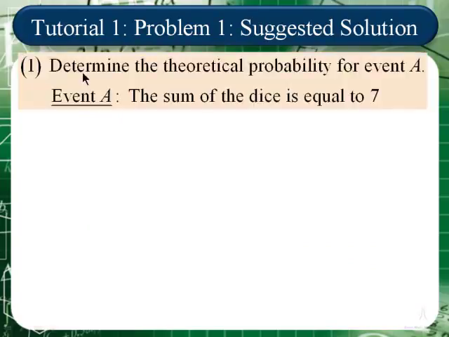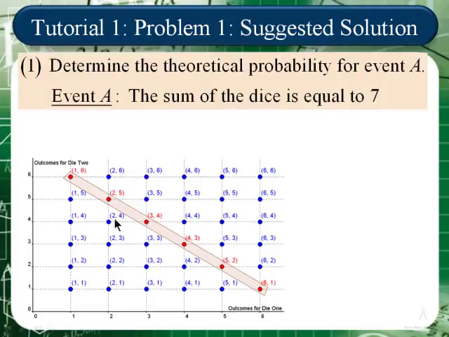Let us consider a suggested solution to problem 1 from tutorial 1. Here you need to determine the theoretical probability of event A occurring, where event A is such that the sum of the dice is equal to 7. If we look at our graphical representation, we can clearly identify the subset where the sum of the dice is equal to 7.